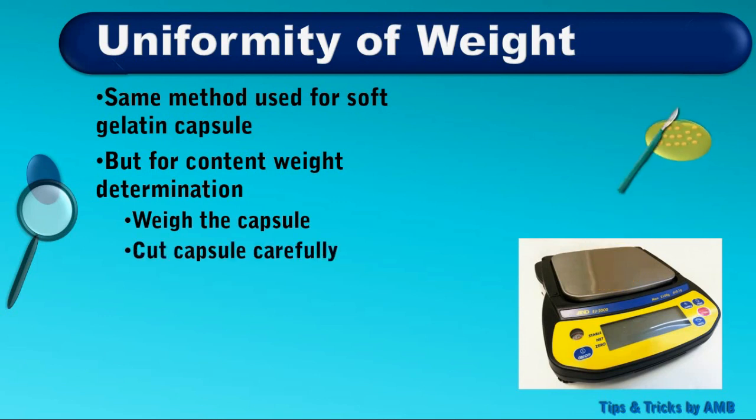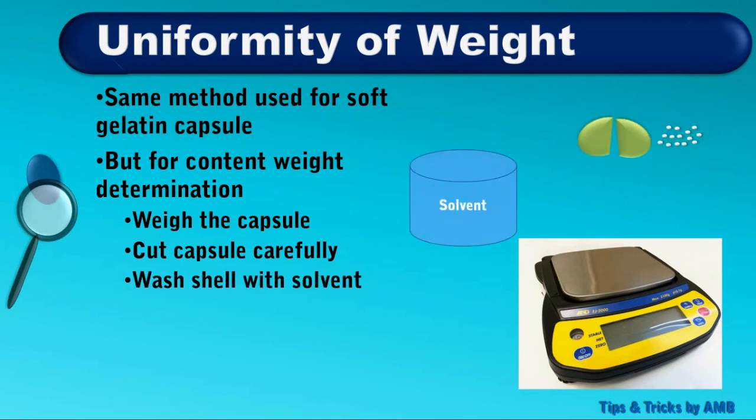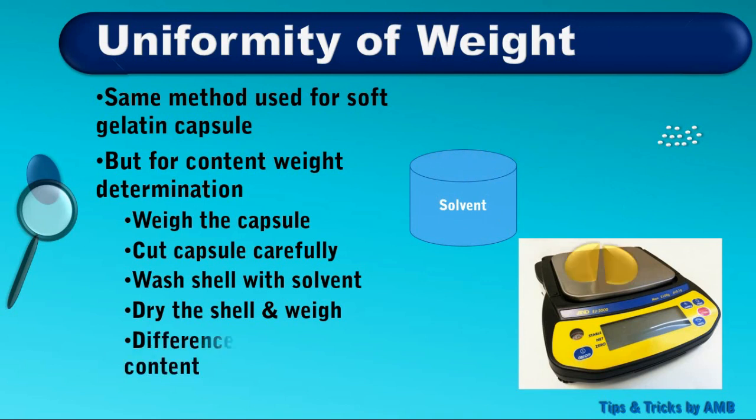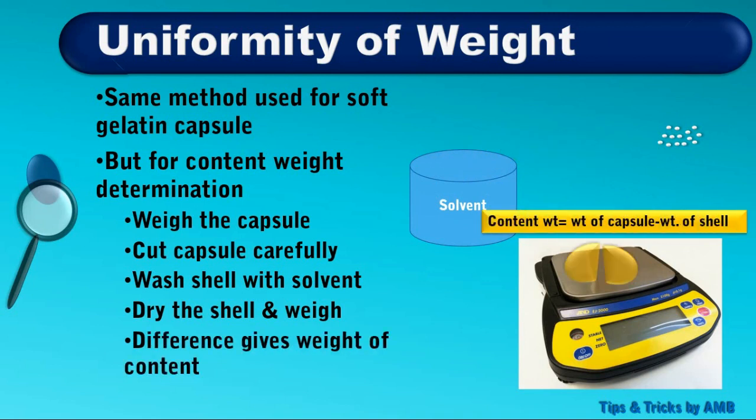Then cut the capsule carefully and remove the content of the capsule. Then wash the empty shells with a suitable solvent and allow to dry. After drying the empty shell, weigh the shell. The difference between the weight of the gross capsule and the empty dry capsule shell gives the weight of the content.